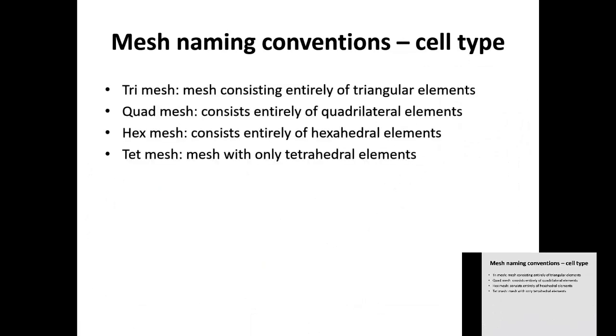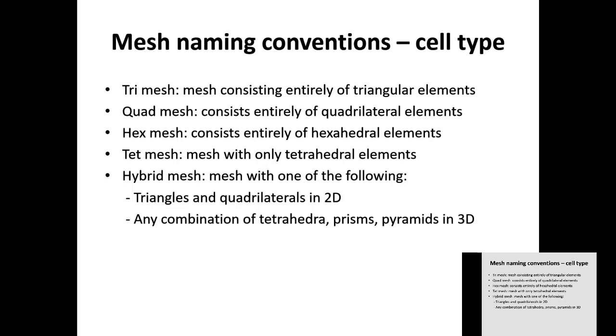As you already know, we have tri meshes, quad meshes, hex meshes, tet meshes. Tri means triangular, quad means quadrilateral, hex means hexahedron, tet means tetrahedron. And then you can have hybrid meshes as well. You can have part structured, part unstructured, or you can have tets and hexes together if you want.